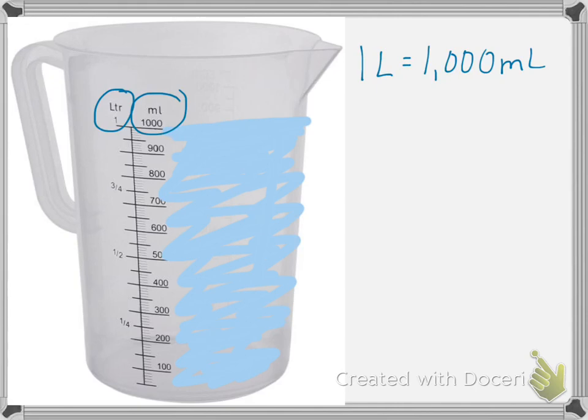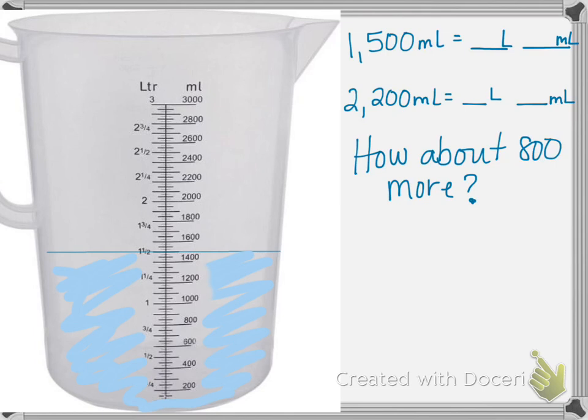Teeny, teeny, tiny. You would need 1,000 of those to pour into here just to make your 1 liter. Now, I don't expect you to be drawing these beakers, but if it's helpful for you to draw something similar, then you're welcome to do that. I just want you to have these conversions.